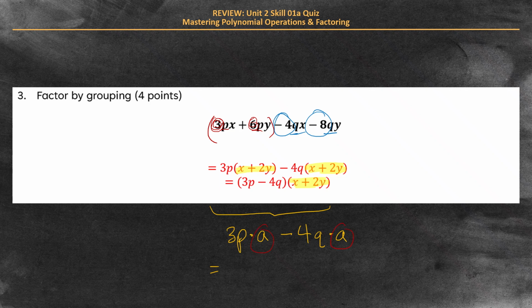So we have to use the distributive property by saying, okay, we're going to take out the a, and we have 3p minus 4q, and then we multiply by a, right? So think of this as what I did with x plus 2y. The a is going to be the x plus 2y. All right, let's move on to the next.